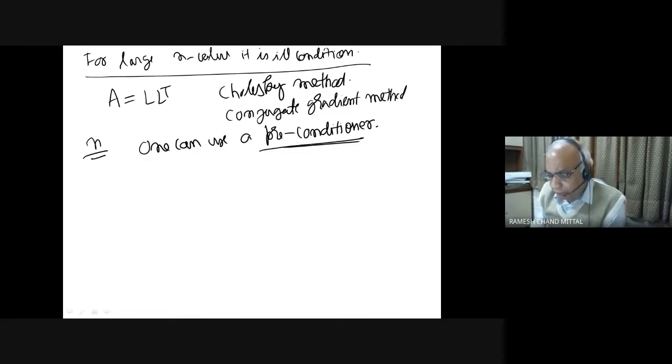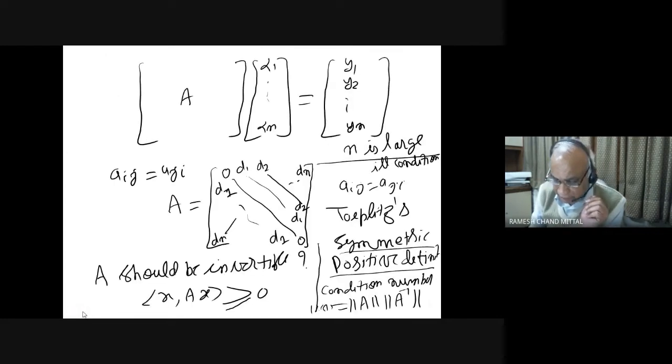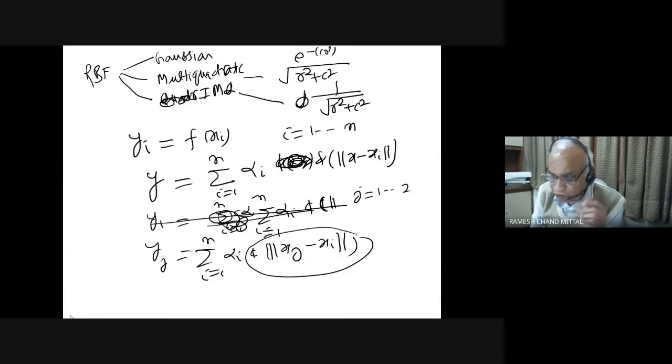So the issue using radial basis functions is that for these radial functions, in general, the matrix is positive definite: the Gaussian, the multiquadric, and inverse multiquadric.